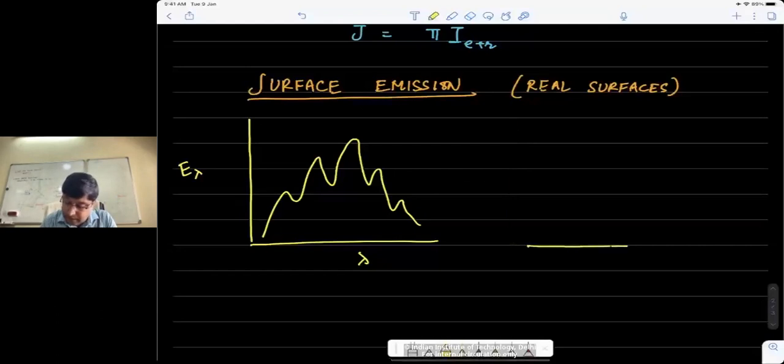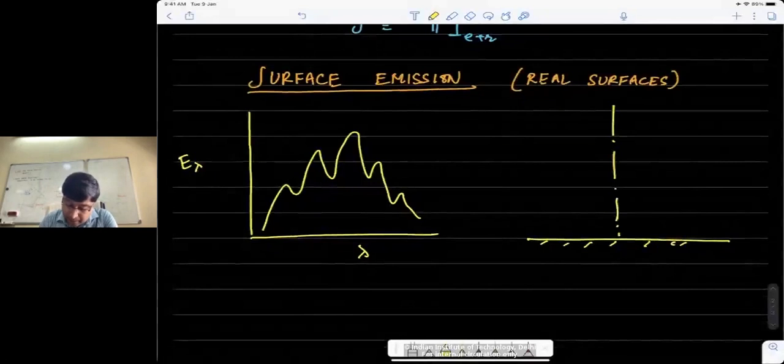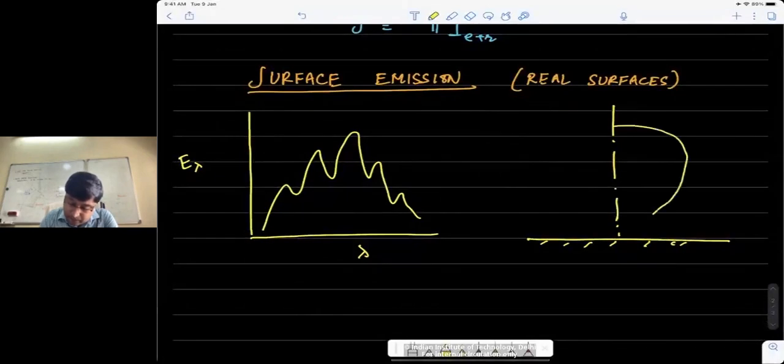So if I look at the surface, which has a normal vector somewhere, and I plot how a real surface emits in different directions, we will have maybe a distribution which would look something like this, where I'm measuring angle theta in this direction.